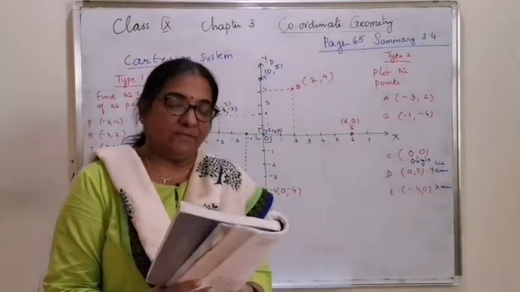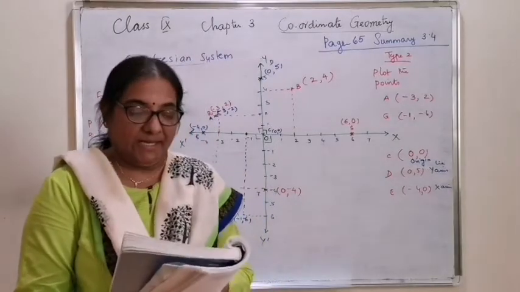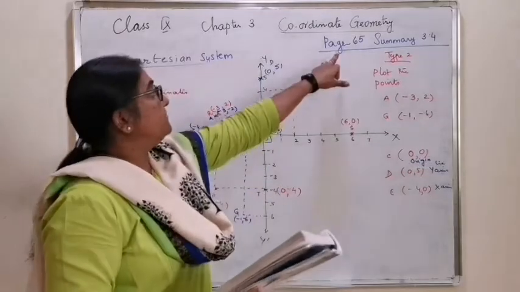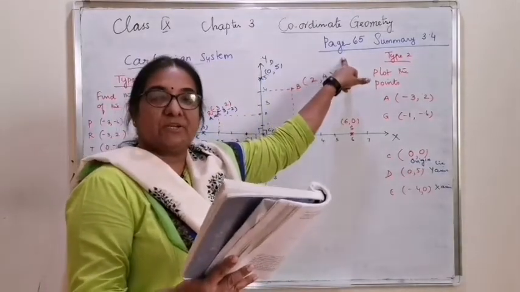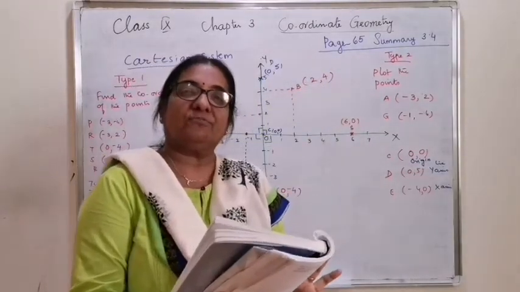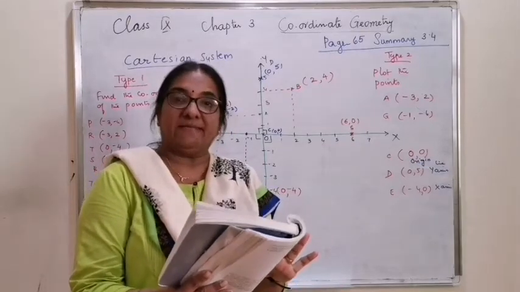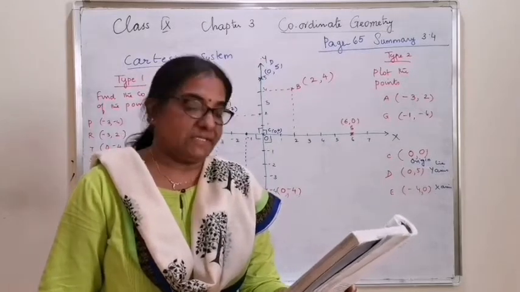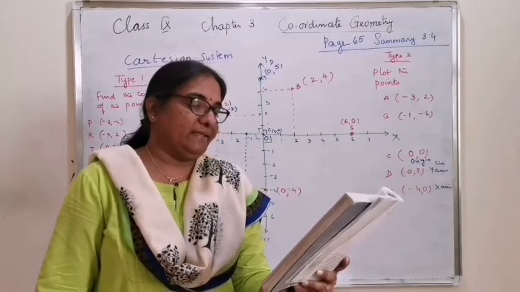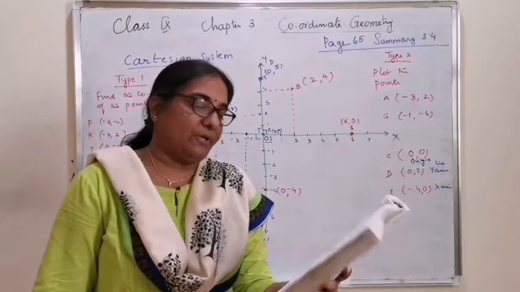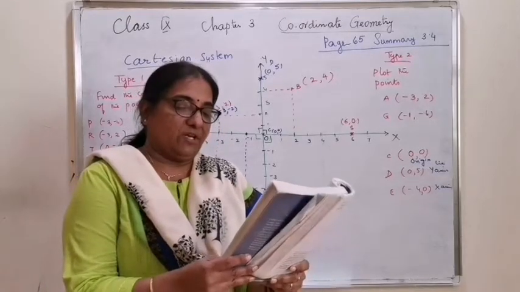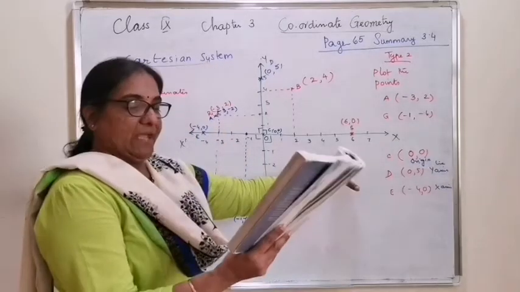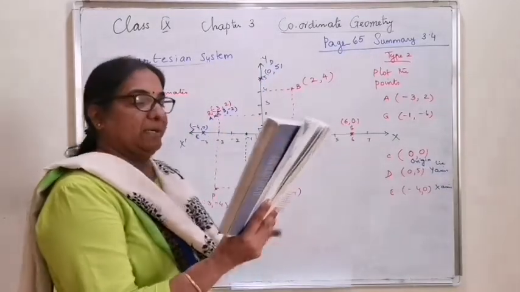Finally, before concluding the lesson, I would like to read out the 3.4 summary on page 65 of your textbook, because the full summary of the properties is explained there. In this chapter you have studied the following points. The first point: to locate the position of an object or a point in a plane, we require two perpendicular lines, one horizontal and the other vertical.